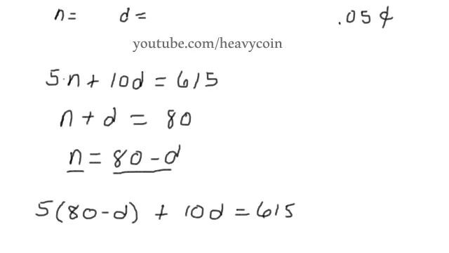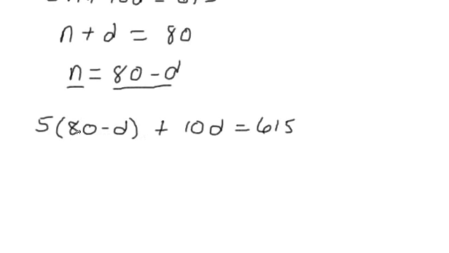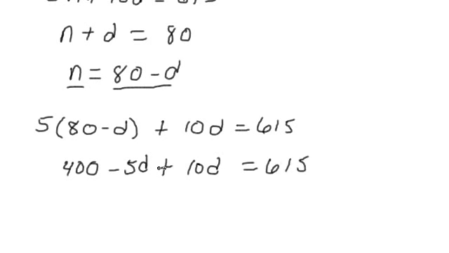Now we're going to solve for d in this equation. We've got 5 times 80 is 400, minus 5d plus 10d equals 615. Rewriting this, 400 plus 5d is equal to 615.